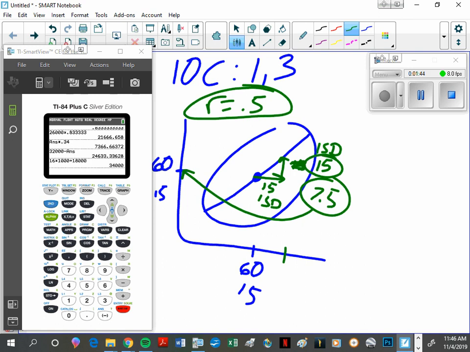Okay, so letter D says the first point is unknown. If I don't know what your midterm score is, what's the best prediction for your final score? 60. Why? There are two ways to look at it.